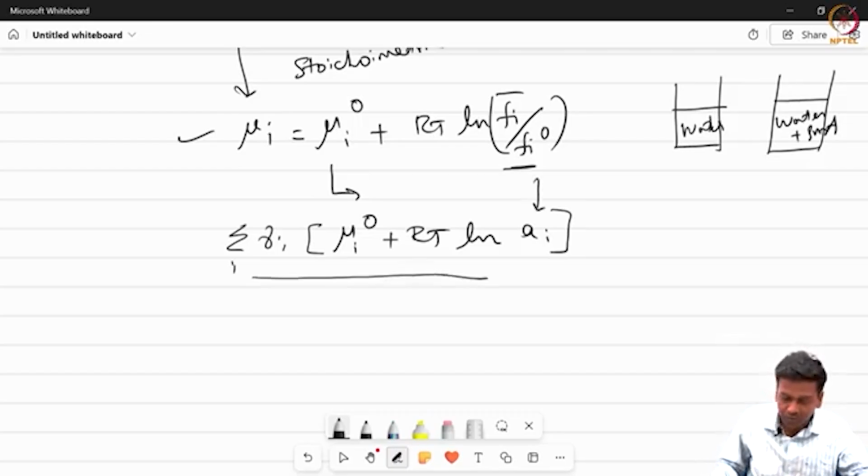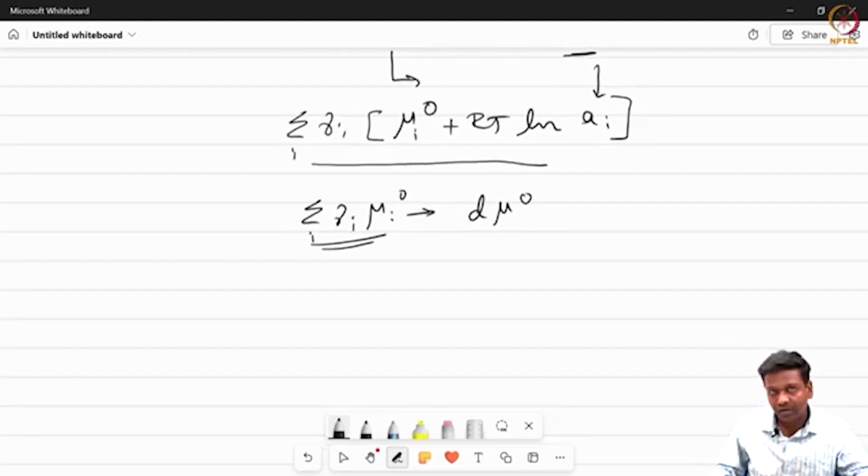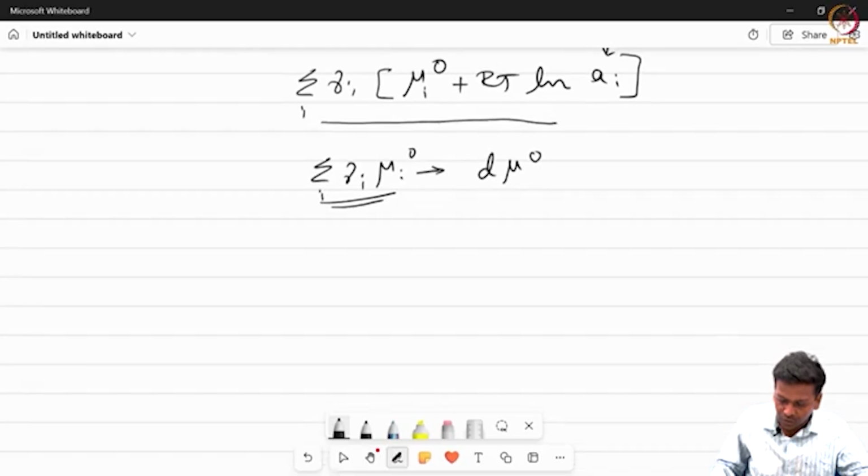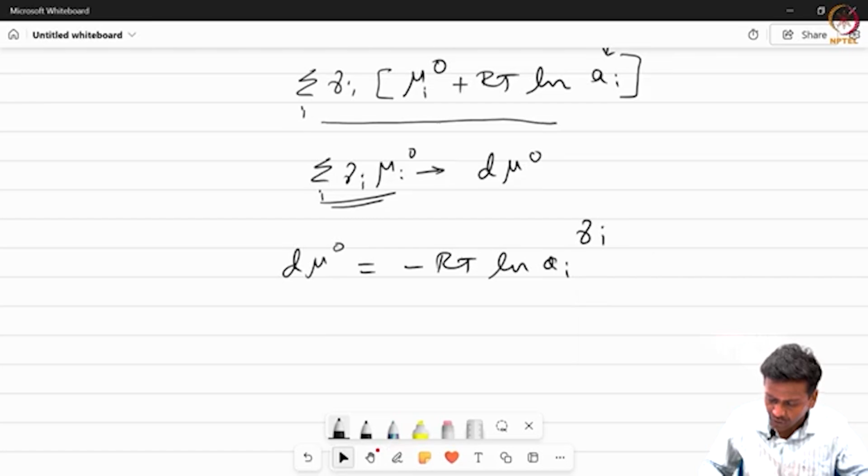If I decompose this into the summation of ν_i μ_i°, it is simply Δμ°, because for stoichiometry, reactants use the negative convention and products the positive. So we will have Δμ° equal to minus RT ln of a_i to the power ν_i. We can use this as it is.